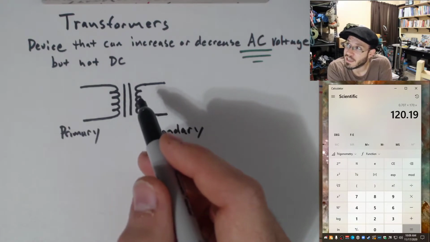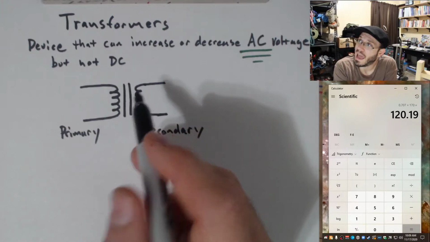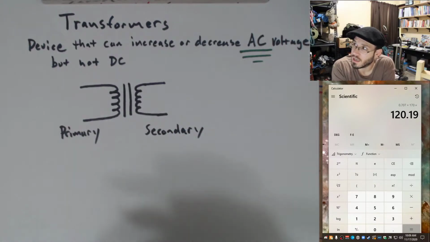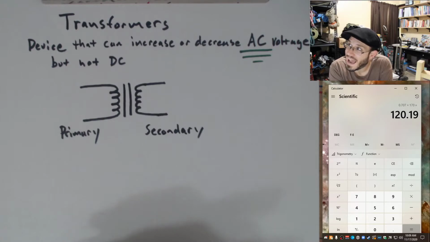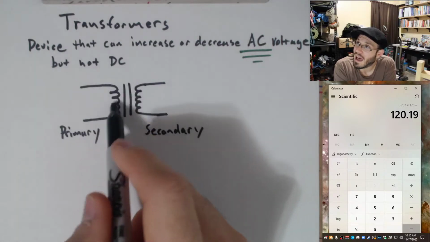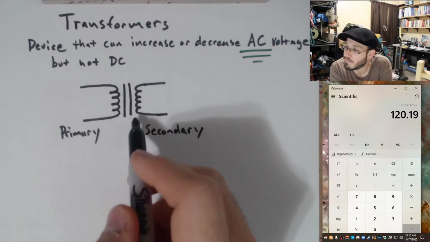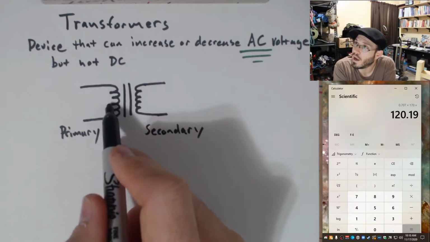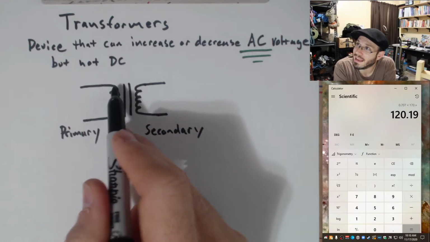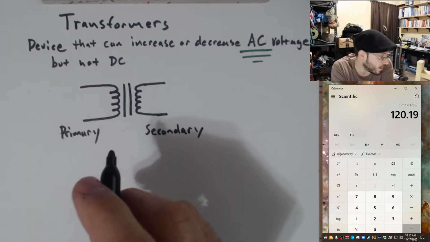And if they're physically close to each other, they're going to share a magnetic field. Remember about inductors: inductors store energy as a magnetic field. So in essence, what I have here are two inductors that are sharing the same magnetic field. When one changes the magnetic field, that magnetic field is going to influence the other one.